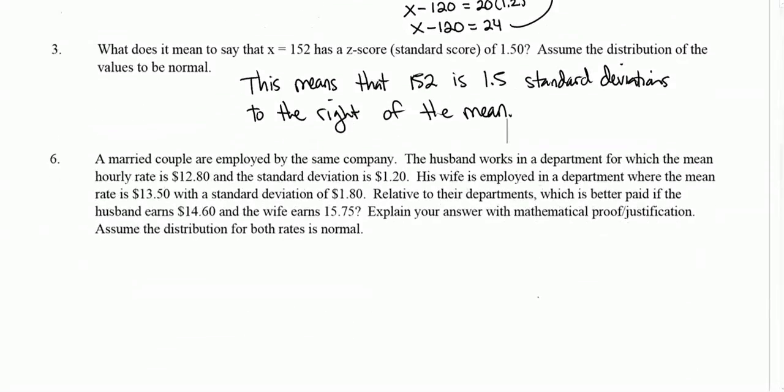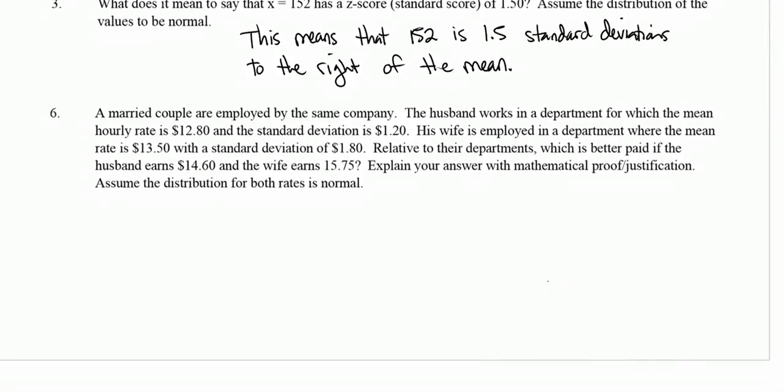Number 6, a married couple are employed by the same company. The husband works in a department for which the mean hourly rate is $12.80 and a standard deviation of $1.20. So we have the husband.